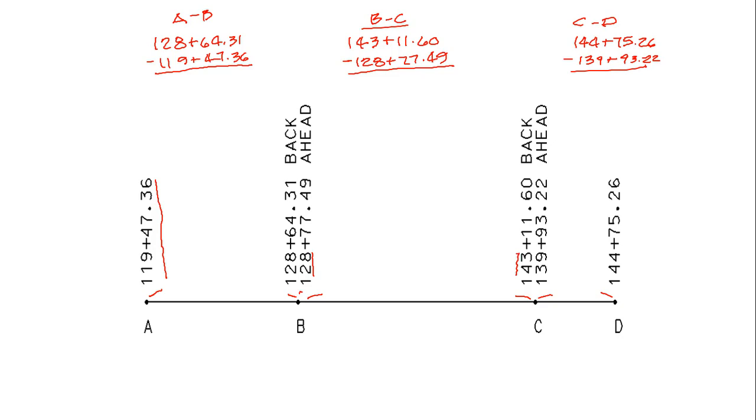And then you could add all three of those up to find out what the distance is from A to D. And again, when you're subtracting that, to enter it into your calculator, you're just going to do 143 11.60, because that plus is just a placeholder, minus 128 77.49, and that will give you the distance from B to C.